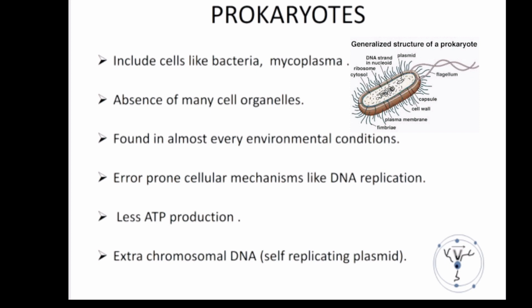One of the problematic areas for this kind of model is its error-prone mechanism. For example, in the case of DNA replication, there is no check over errors in the process of replication. That is, if the DNA copies get errors, if base pairs are skipped in reading the DNA and making a copy, there is no mechanism to recheck or correct it.